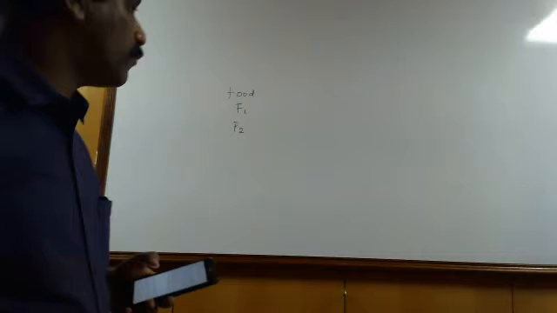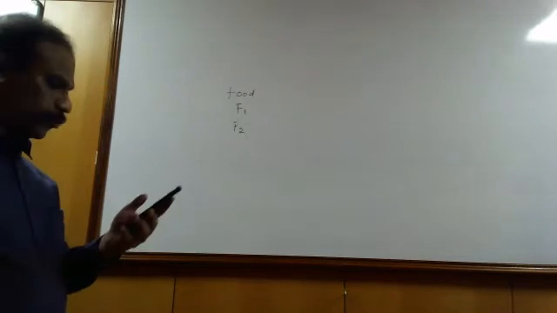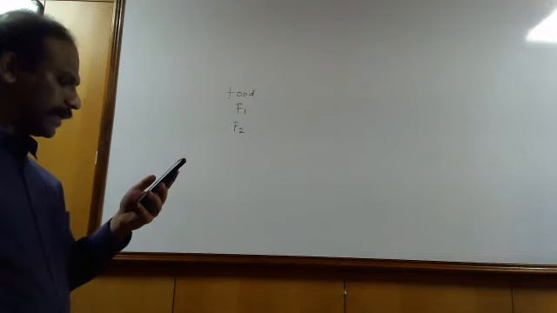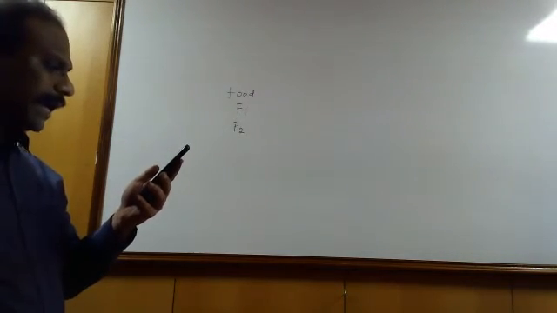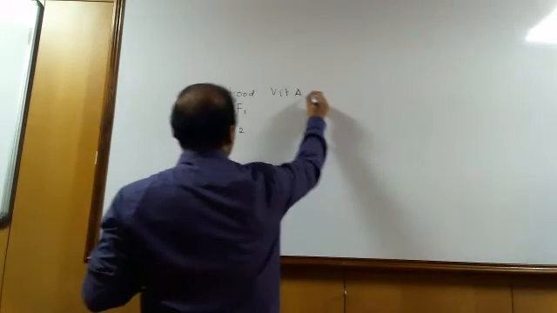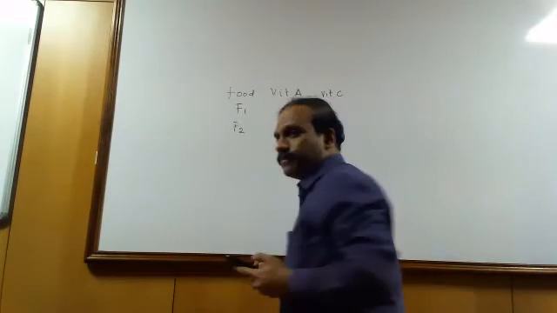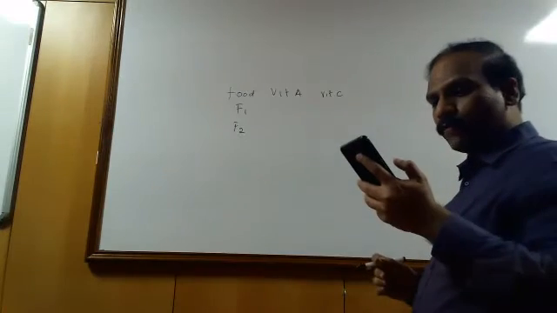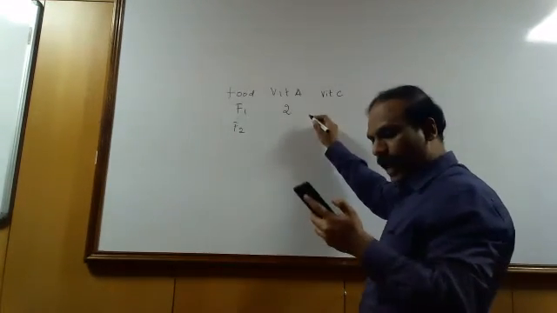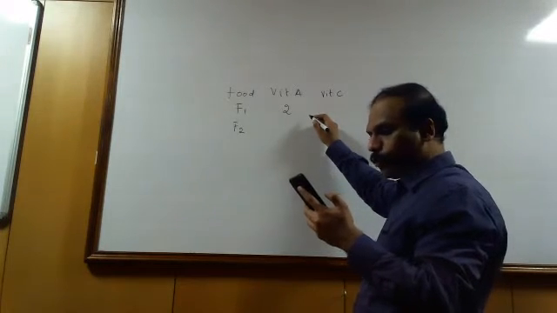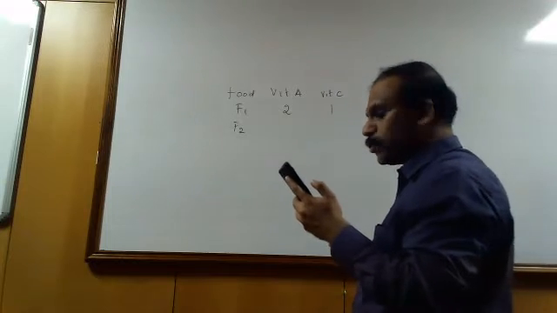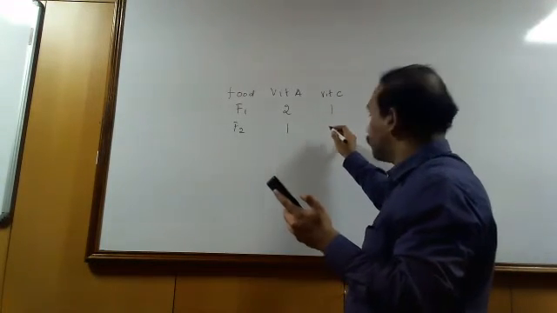They've given that each food contains how much of vitamin A and how much of vitamin C. So now there are two types of vitamins here: vitamin A and vitamin C. If you look at food 1, it contains 2 units of vitamin A and 1 unit of vitamin C. Similarly, F2 contains 1 unit of vitamin A and 2 units of vitamin C.